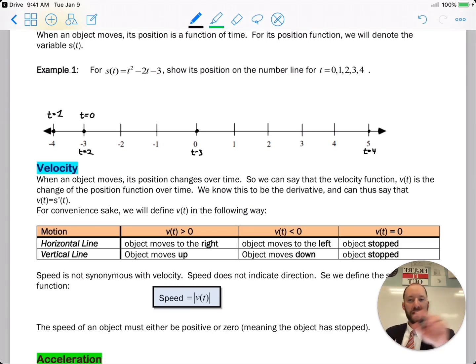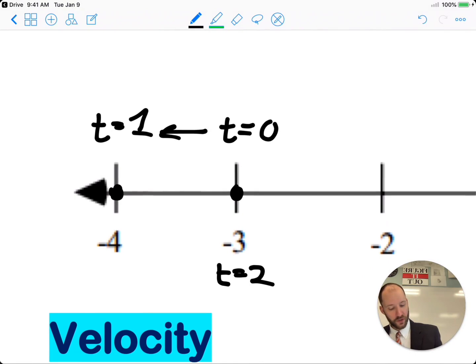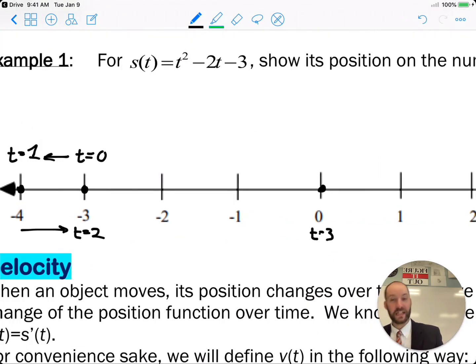So we see a little bit of movement for this object. From 0 to 1, it goes to the left. 1 to 2, it goes back to the right. 2 to 3, it's still going right, but you see it's traveling a further distance. So traveling a further distance in the same amount of time, you can say the object has sped up.